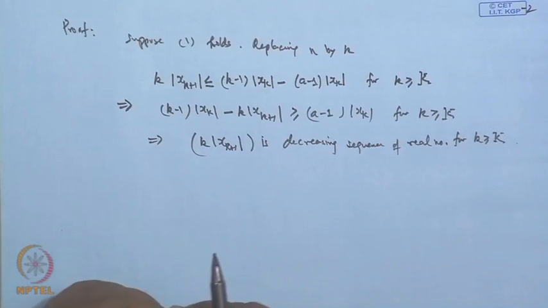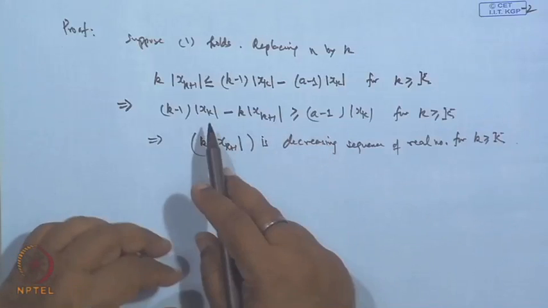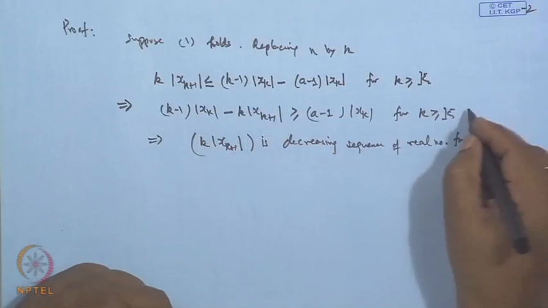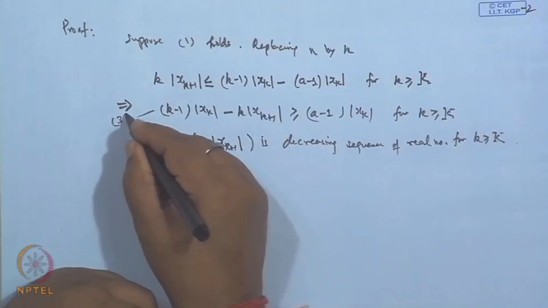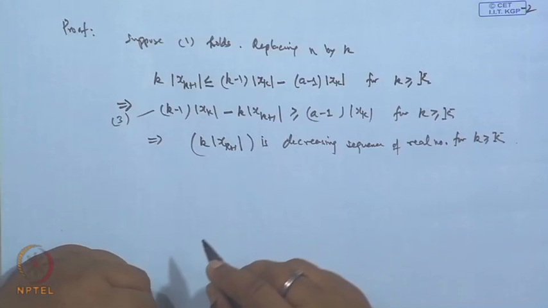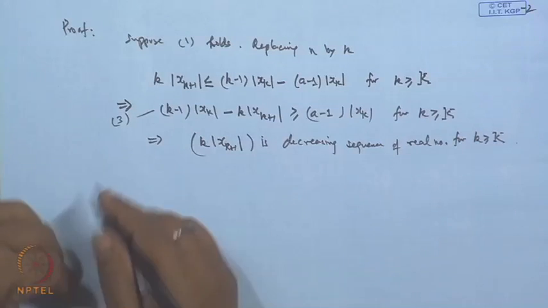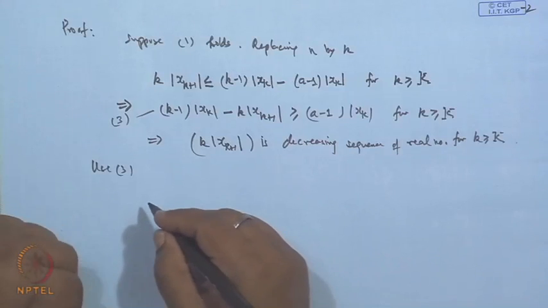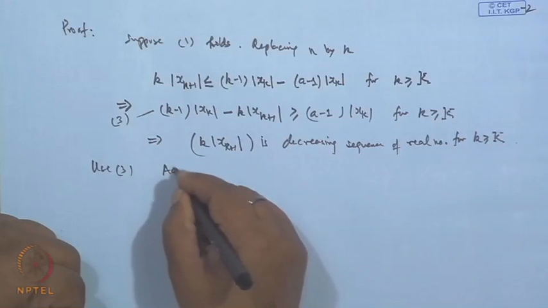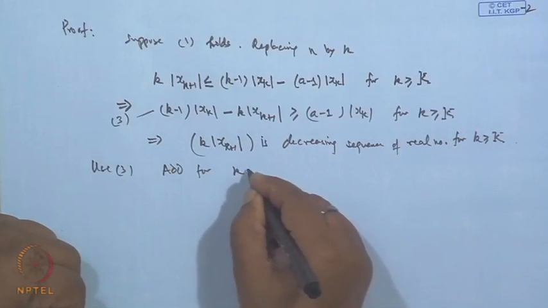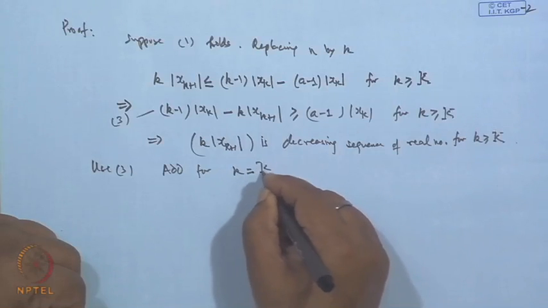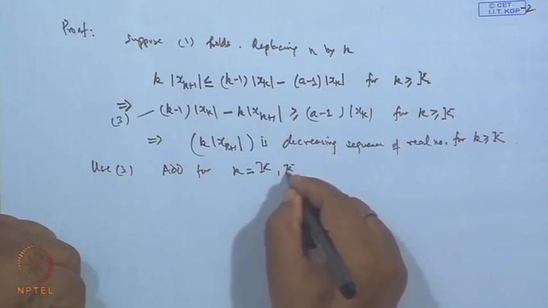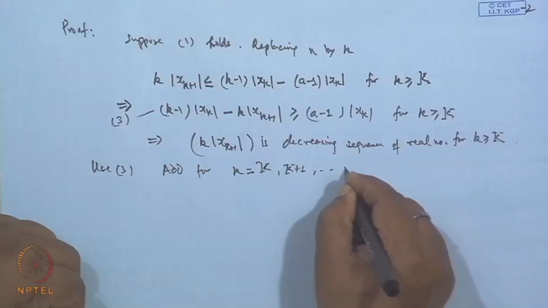Now, if I add this one, let it be this quantity k minus 1, let it be 3, this third. Now, if we add this from small k is capital K plus 1 up to say n.